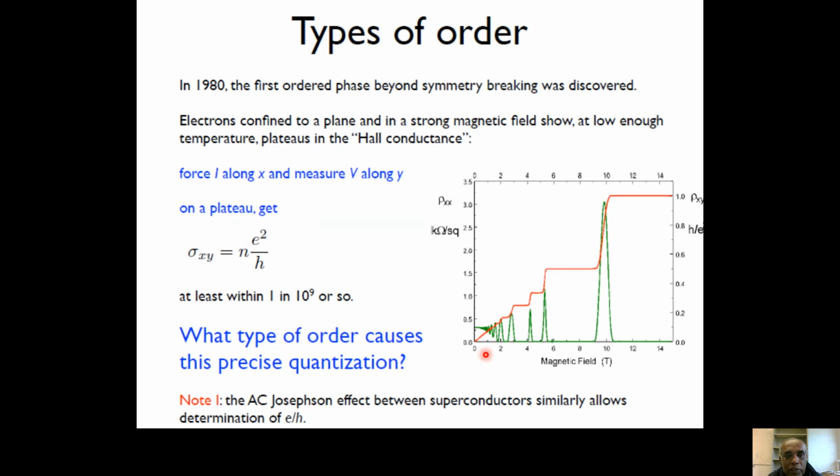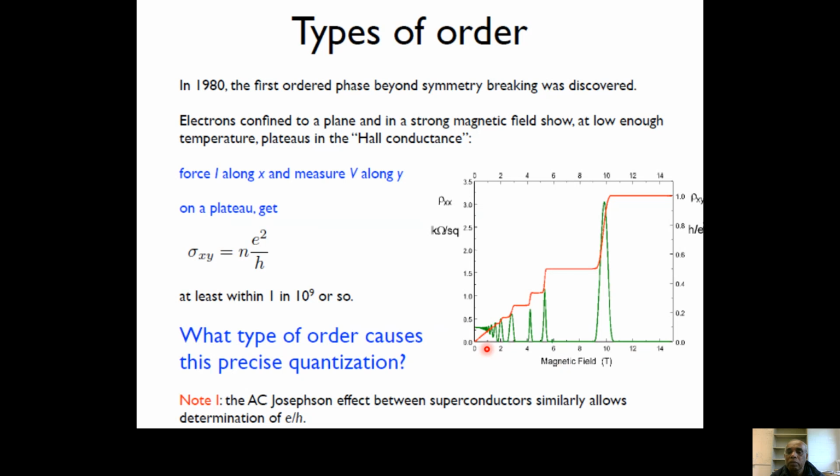So we already discussed that many times, right? If you have the longitudinal resistivity rho xx and the transverse Hall resistivity rho xy, we already showed. Classically we have this linear B relationship, and rho xx is mostly the usual conductivity.